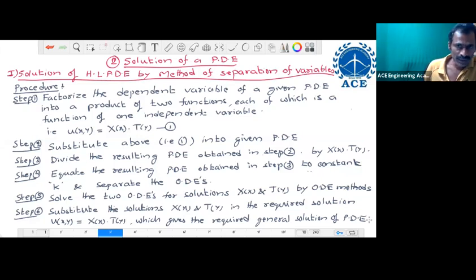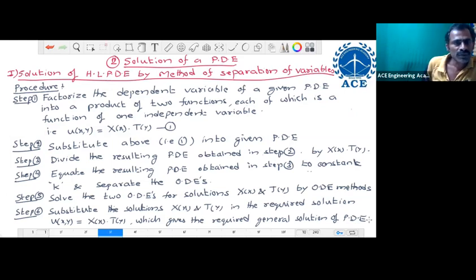The main aim of this method is the reduction of partial to ordinary. After reduction, we try to solve the ordinary differential equation by ordinary differential equation methods only.